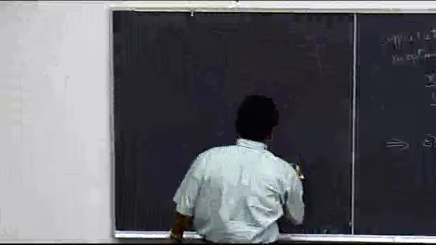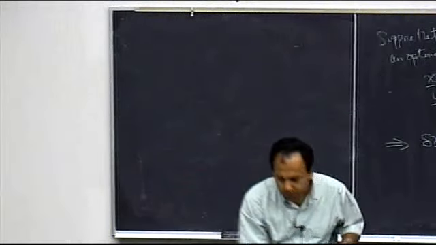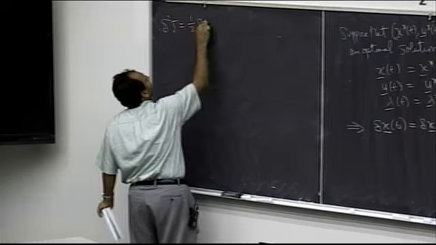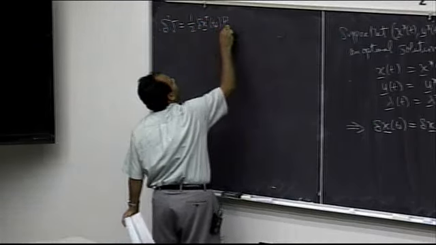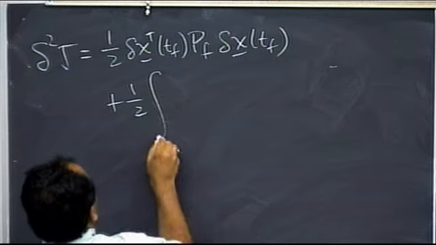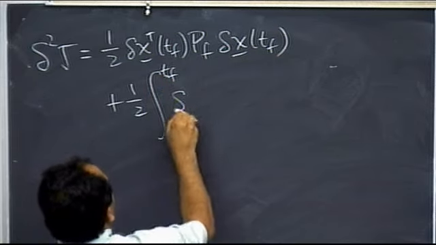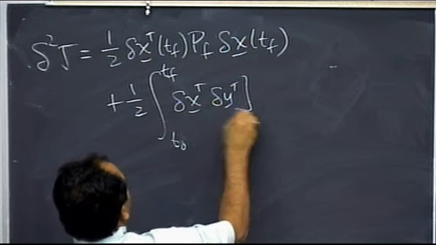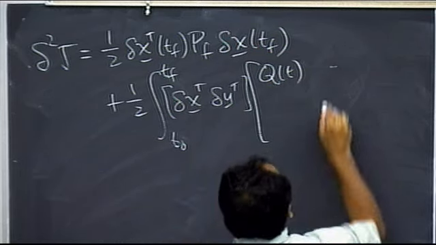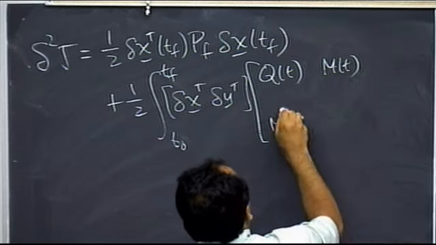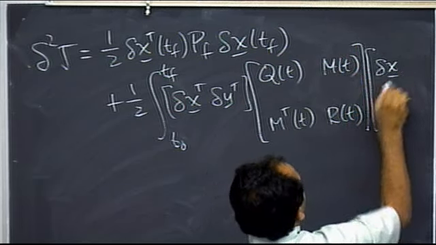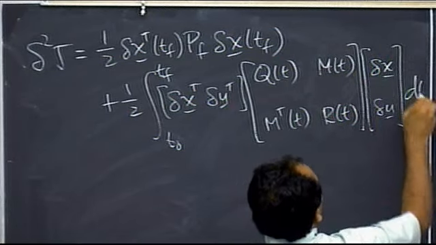So if we do that, then the second variation in the cost looks like this: delta squared J is going to equal 1/2 delta x transpose at t_f times P_f times delta x at t_f, plus 1/2 the integral from t0 to t_f of delta x transpose, delta u transpose times the matrix Q of t, M of t, M transpose of t, R of t, times delta x, delta u, dt.